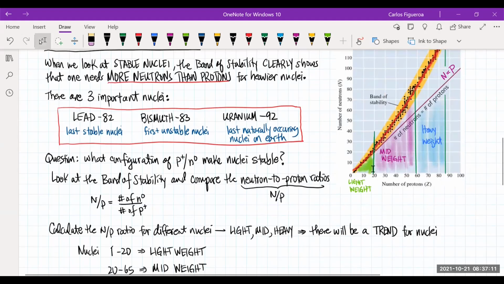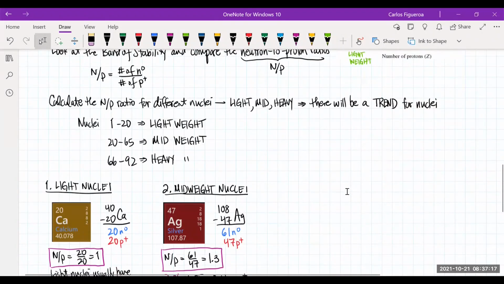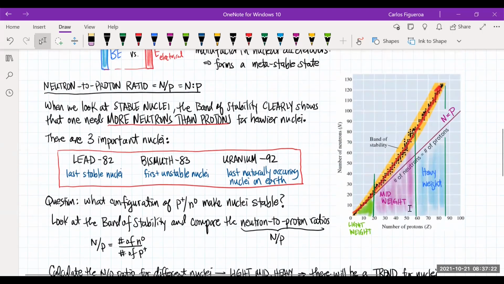Because there's a range here, if this is 1-to-1, exactly the same, but as you go down towards 20, it could be 10%, it could be 20%. Or if I start to come up towards the heavy end, it could be 40%. So the ratio is changing for these guys. Okay, so there's a range.